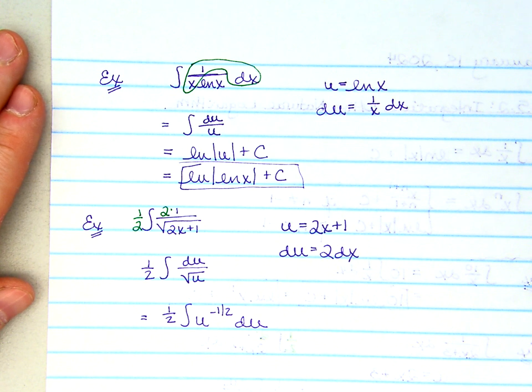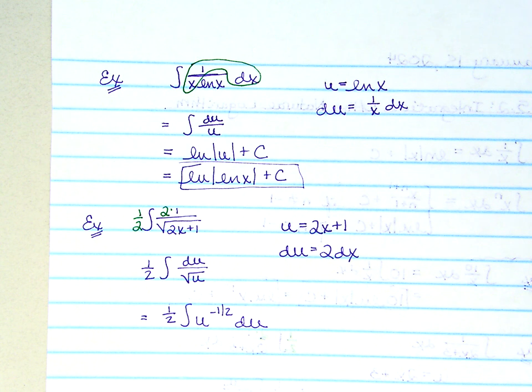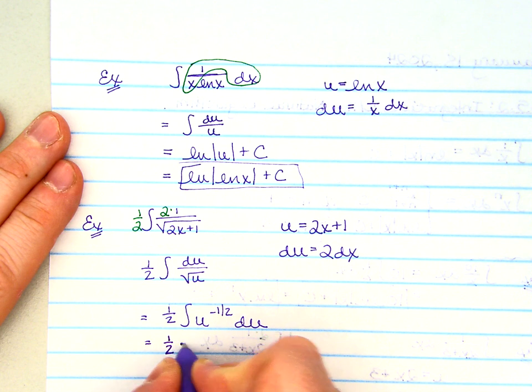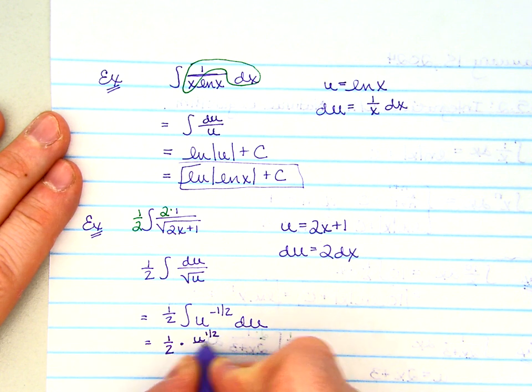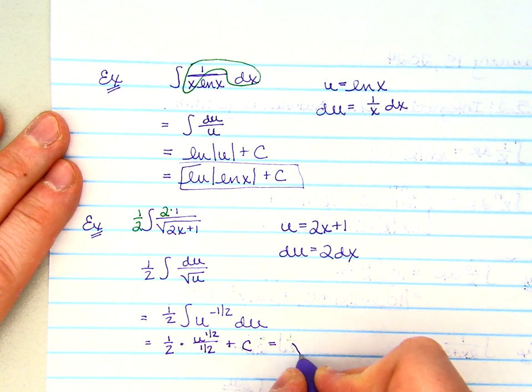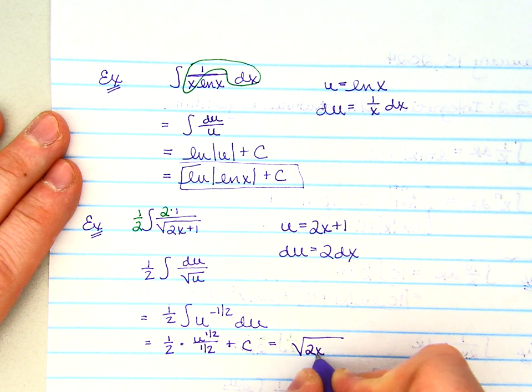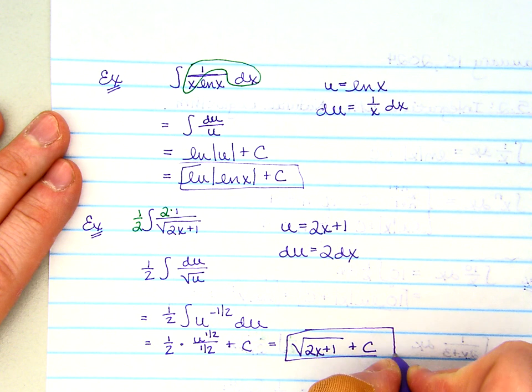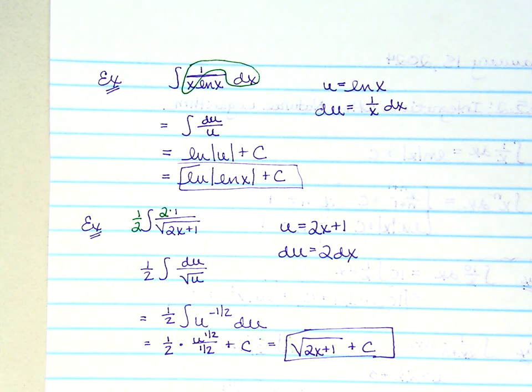Go finish it. Square root of 2x plus 1 plus your constant.